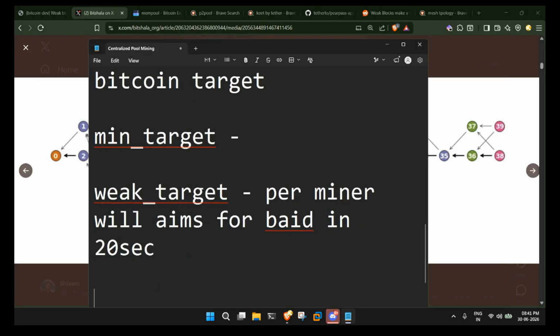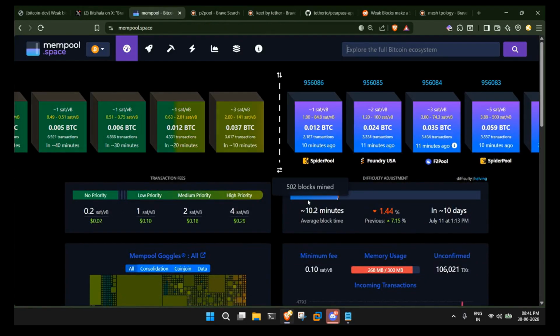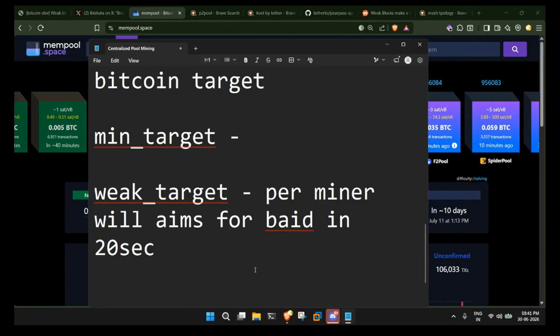I'm just putting it roughly, right? Ideally, generally every 10 minutes, if you see, the average block time is 10.2 minutes, right? So this configuration you do for weak block shares. So once you do all those things, what will happen?